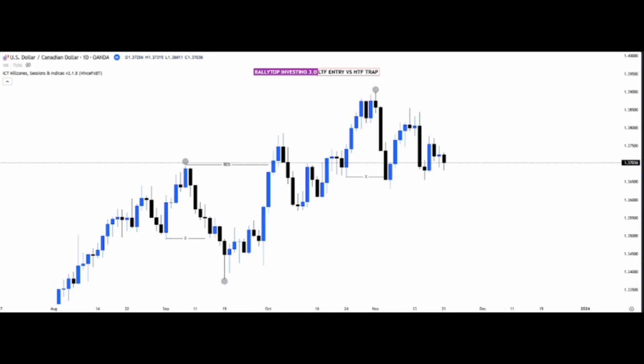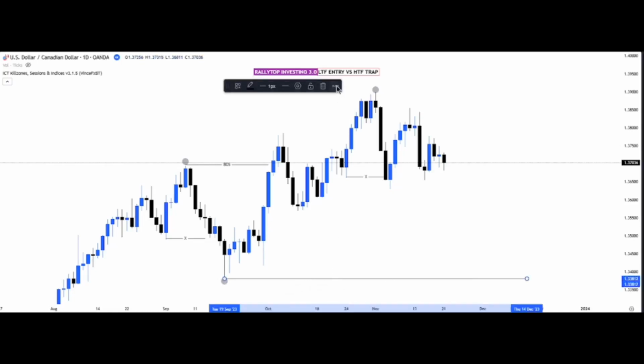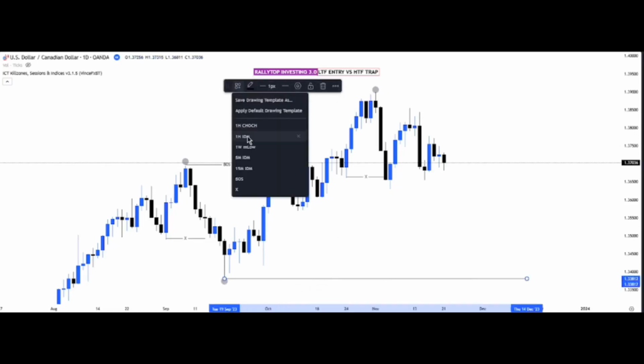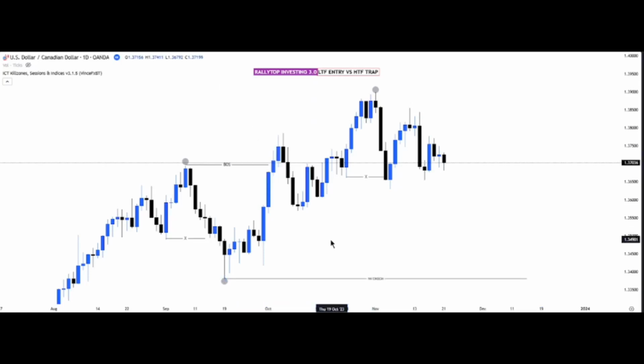Now let me use horizontal line to show you that this is our swing low, and that swing low is what I call CHoCH. Why do I name it as CHoCH? Because if price comes back down, because we are bullish, if price comes back down to take it out and price closes below it, this will become a change of character.